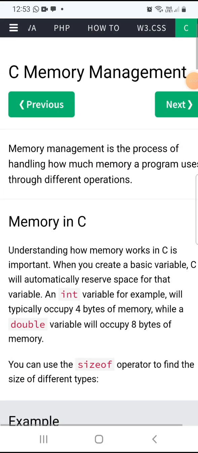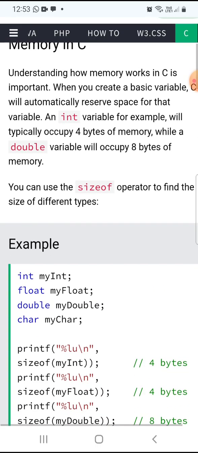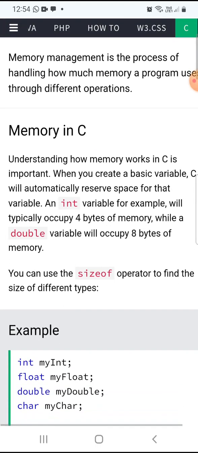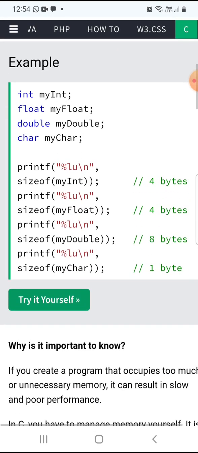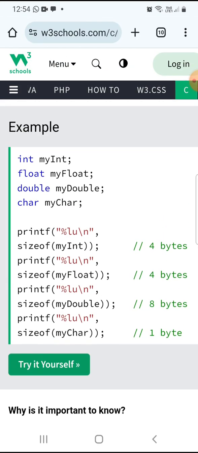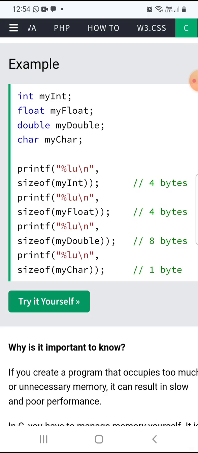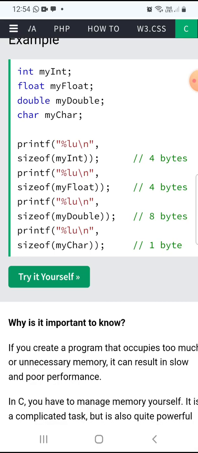So at that moment we were discussing how to manage the memory and what is the need to manage the memory in C language. At that moment I told you that memory management is very important, because if memory is unnecessarily allotted for many variables, the program's performance will be low.